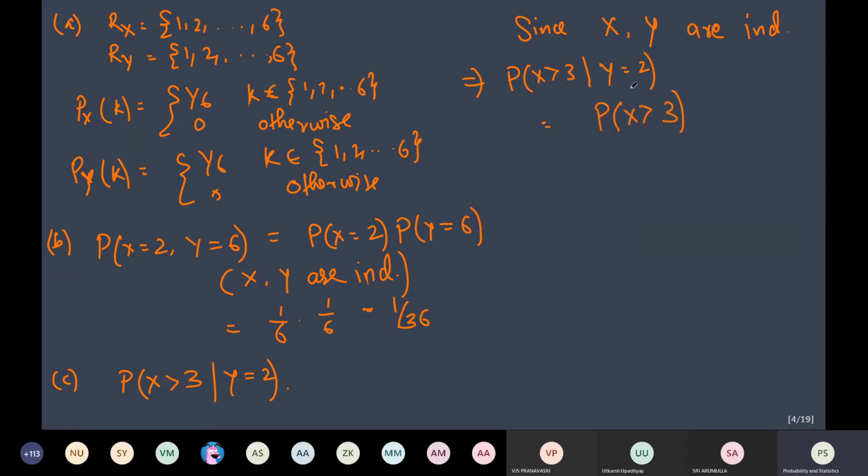The occurrence of y has no effect, so we are invoking the other property of conditional probability.